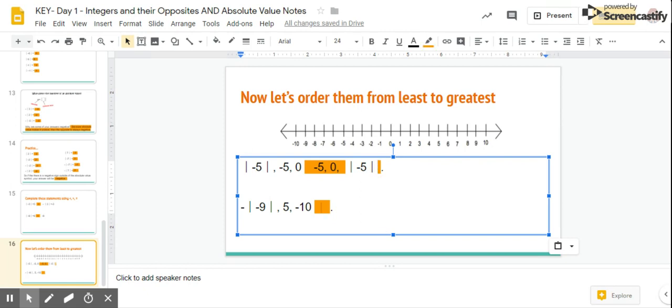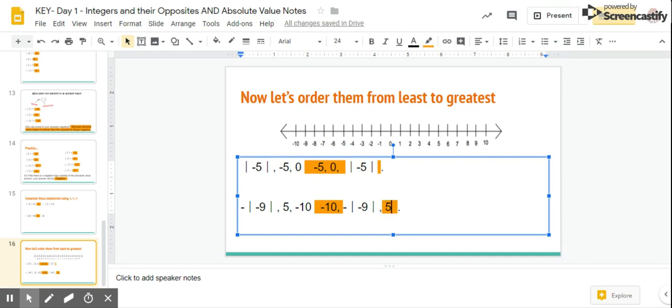For this next one, we have the opposite of the absolute value of negative 9. The absolute value of negative 9 is positive 9, and the opposite of that is negative 9. Remember, the farther away from 0, the smaller it is. So we're going to start with negative 10. Then this one comes in, which ends up being negative 9. And then the next one we have is positive 5.